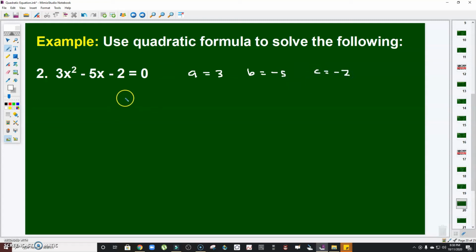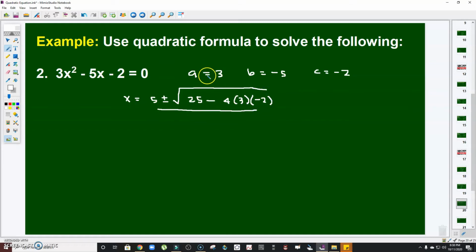Now, take note, in the quadratic formula, x equals negative of negative 5, or negative b, so that is 5 plus minus square root of b squared. Negative 5 squared is 25, minus 4 times a, which is 3, times c, which is negative 2, all over 2 times 3 or 6.